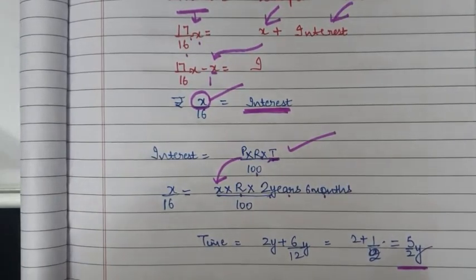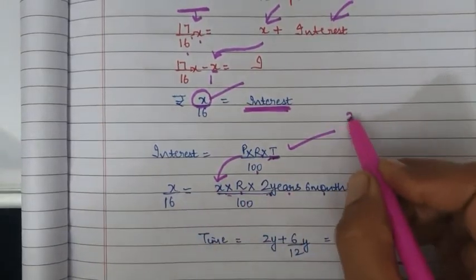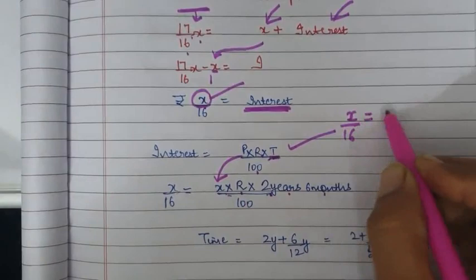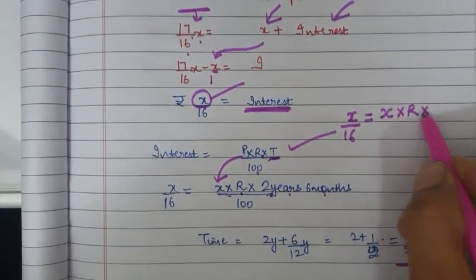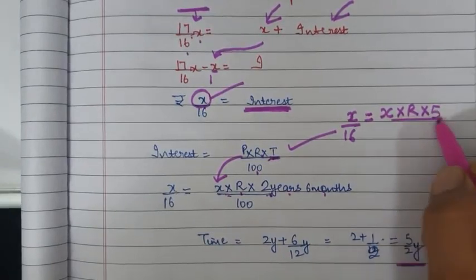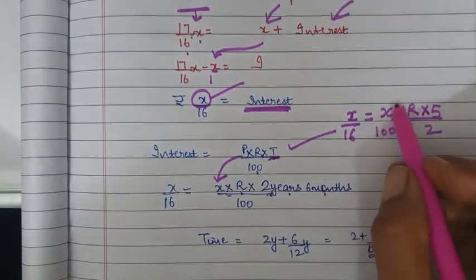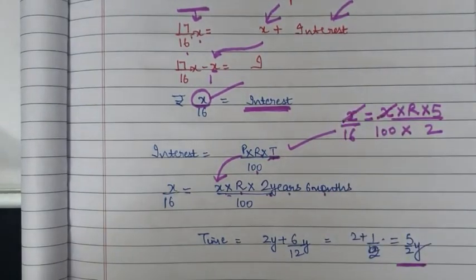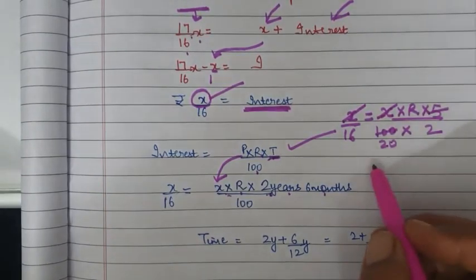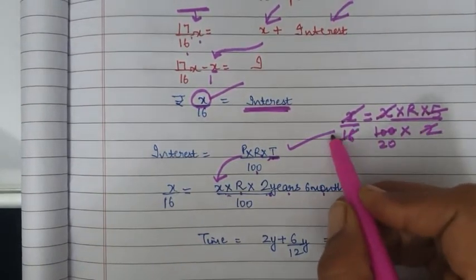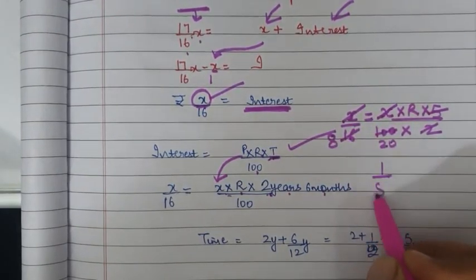Clear? So now put the values here. That is x upon 16 is equal to x into R into 5 upon 2 into 100. Clear? x and x we can cancel. Now 5 twenties are 100. So 2, 18, 8 is 16. So here we get 1 upon 8.